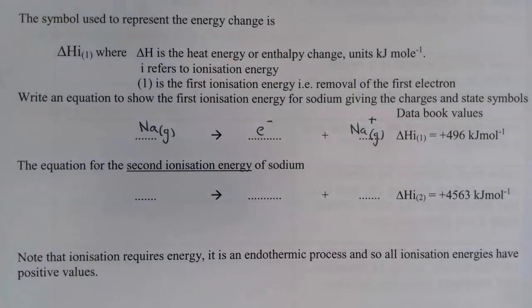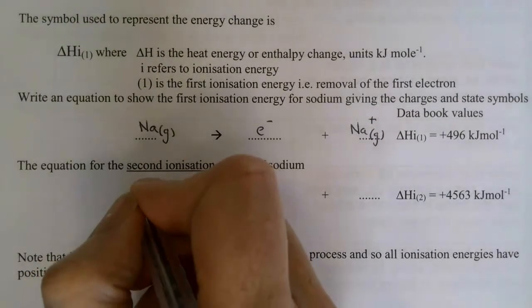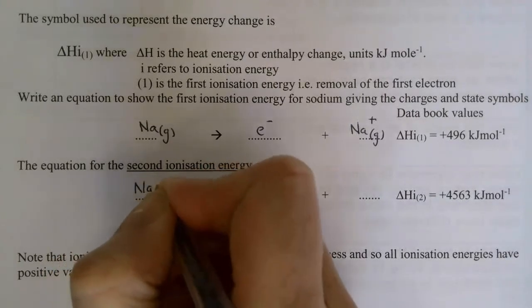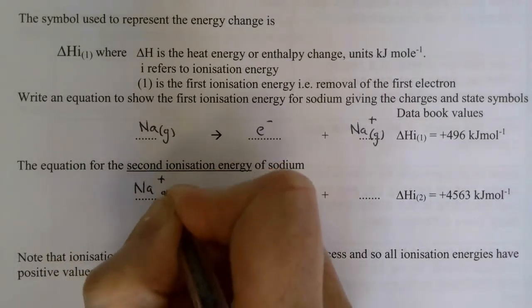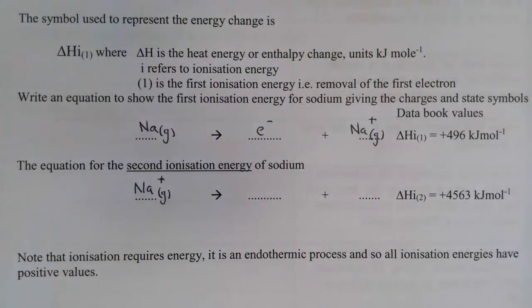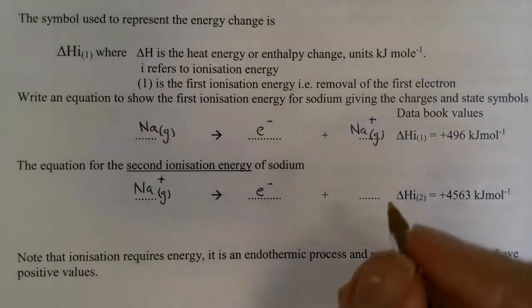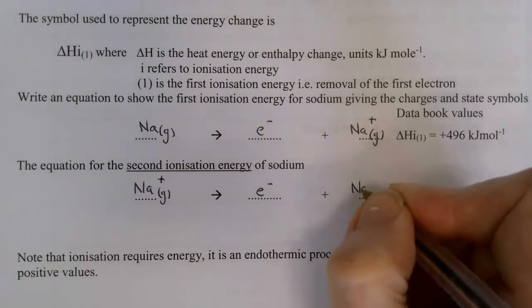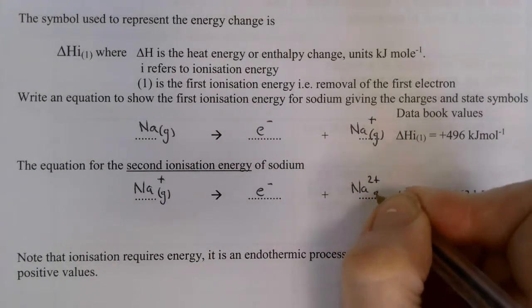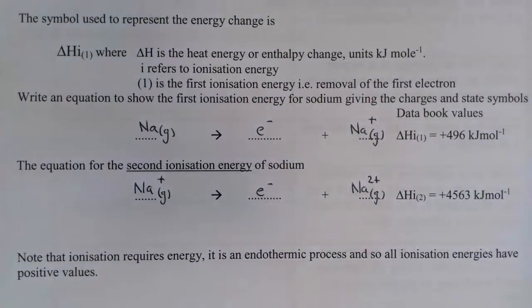The second ionization energy of sodium is the energy required to remove the second mole of electrons. So in this case, we start with our sodium 1 plus gaseous ion, and we remove another mole of electrons to leave us with a sodium 2 plus gaseous ion.